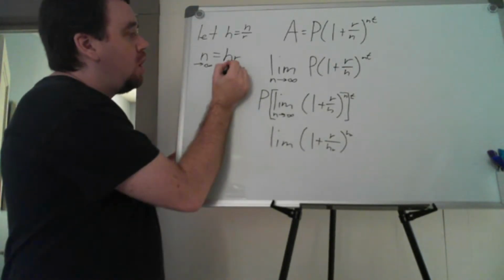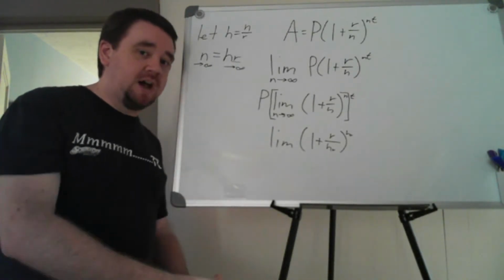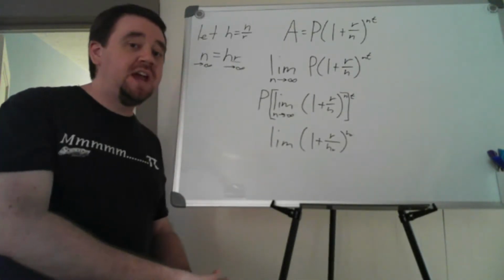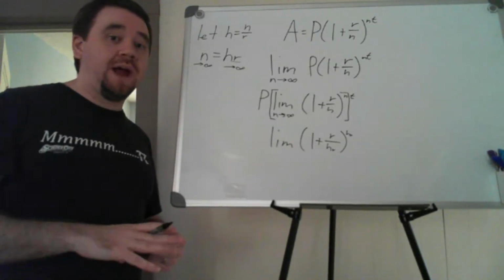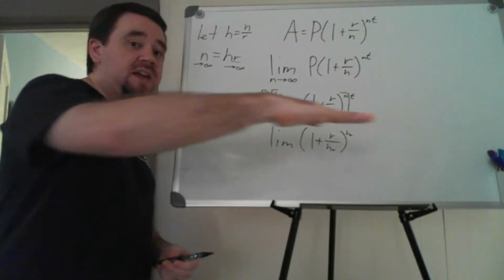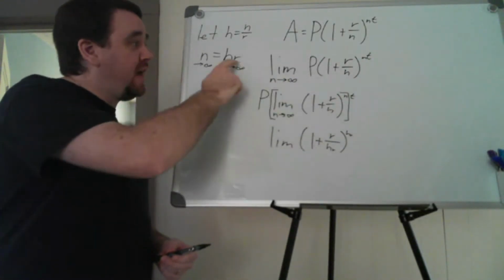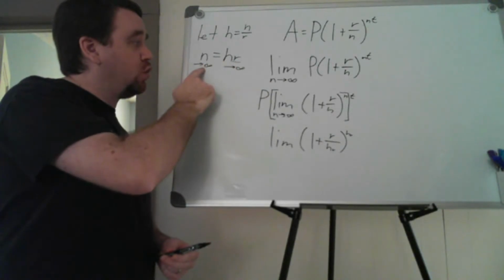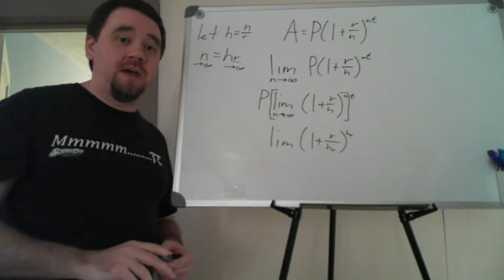Well, r is a constant. It's a percent per time, or per year specifically. It doesn't change. It's a known value that just sits still. So as a graph, it's a horizontal line. That does not grow without bound. It stays put. So that r does not contribute to the growth without bound, which means h has to contribute to that.